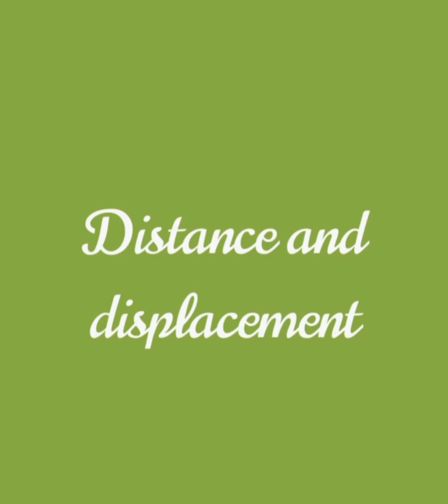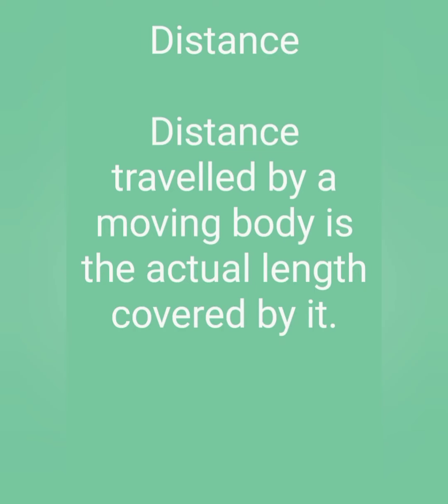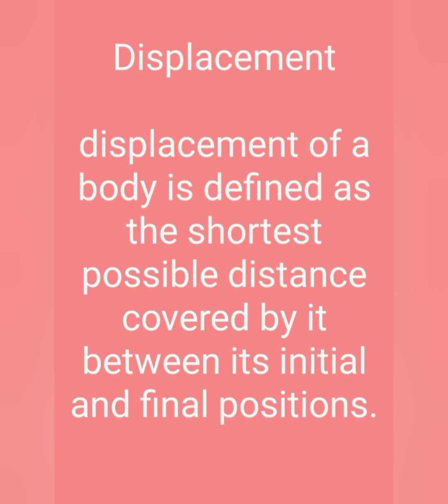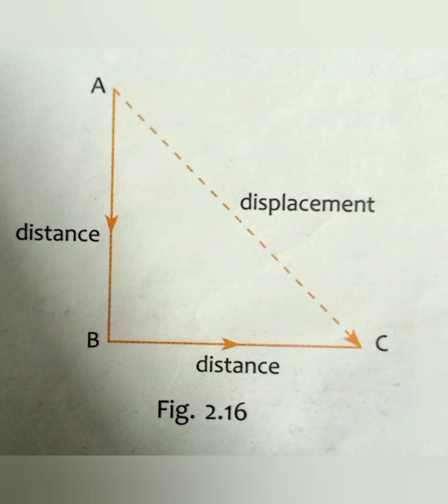Now, the second topic is distance and displacement. Distance traveled by a moving body is the actual length covered by it, whereas displacement of a body is defined as the shortest possible distance covered by it between its initial and final positions. Take a simple example.